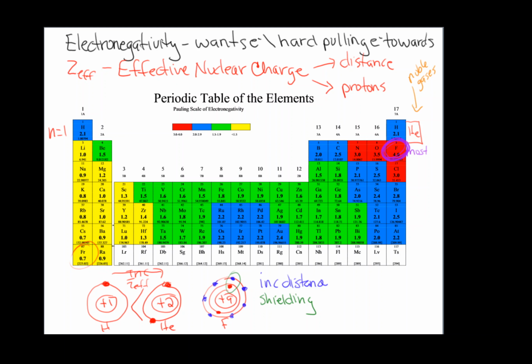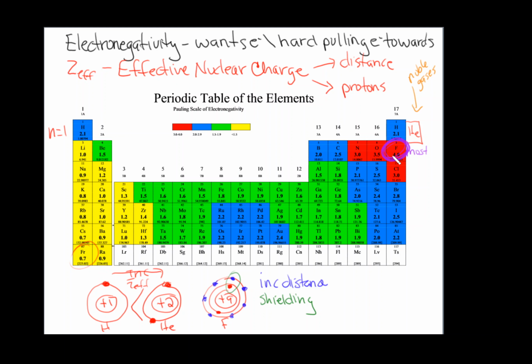They don't want any more electrons. So the reason they don't appear is because they have everything they require. Helium has the highest effective nuclear charge, but it doesn't want, nor can it accommodate, any more electrons, because remember, the n equals 1 shell holds a maximum of 2. So fluorine has the absolute highest electronegativity.